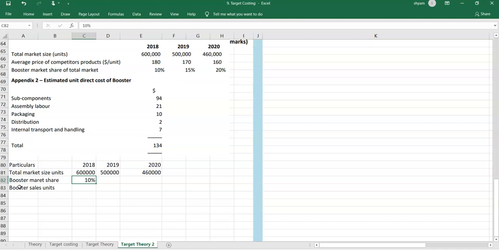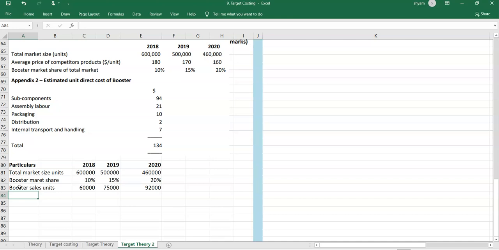It's 10%, 15%, 20%. So the total size of the market is 6 lakhs, and 10% of it is what we could achieve. So we could achieve this kind of range of product sales for our booster.